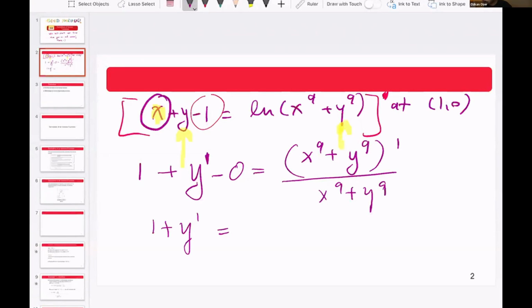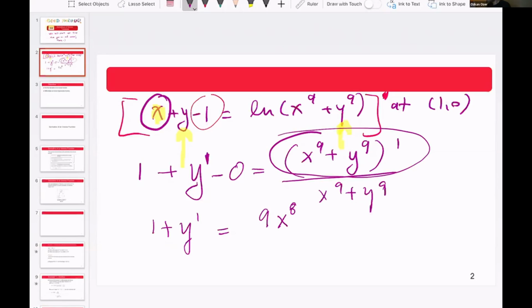And the right-hand side is, so I just need to take care of this derivative here, right? For the first term, that's an x term, so we're not worried about that. We're going to use the power rule for it. So it's 9 times x to the power of 8, right?